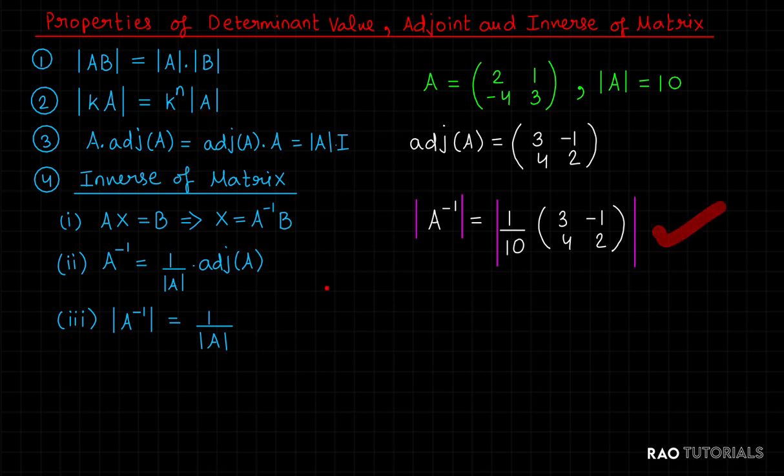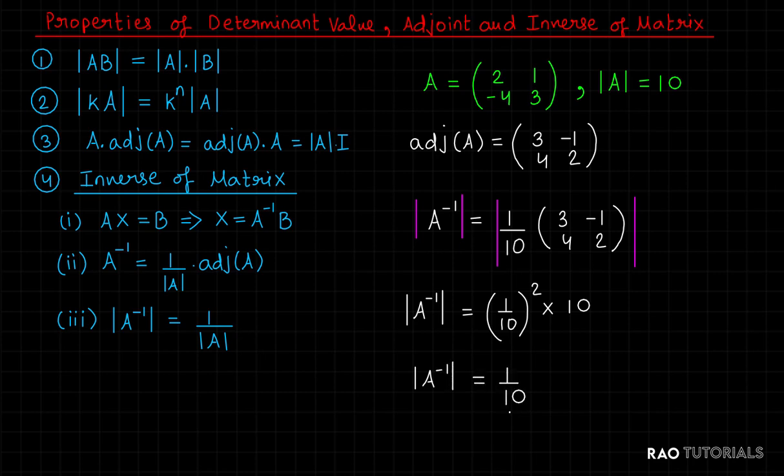So in our case, the determinant value of this product is 1 by 10 to power 2, because A is of second order, into the determinant of this matrix, that is 10. So we have determinant of A inverse as 1 by 10, and we can see that the determinant value of A inverse is reciprocal of the determinant value of A.